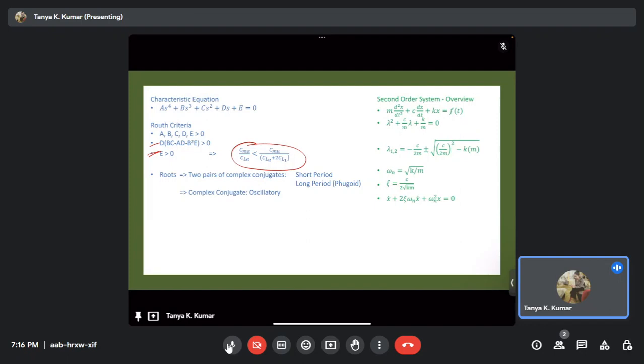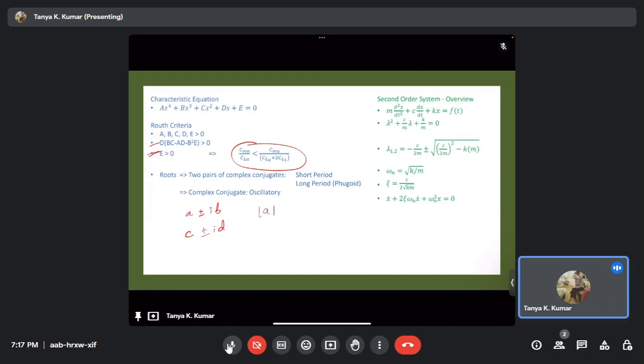Now, for this aircraft, for the longitudinal dynamic stability, it so happens that you have two distinct complex conjugate pairs of roots. So the four roots are two pairs of complex conjugates. One is the short period and one is the long period. So you have a plus or minus ib, and c plus or minus id.